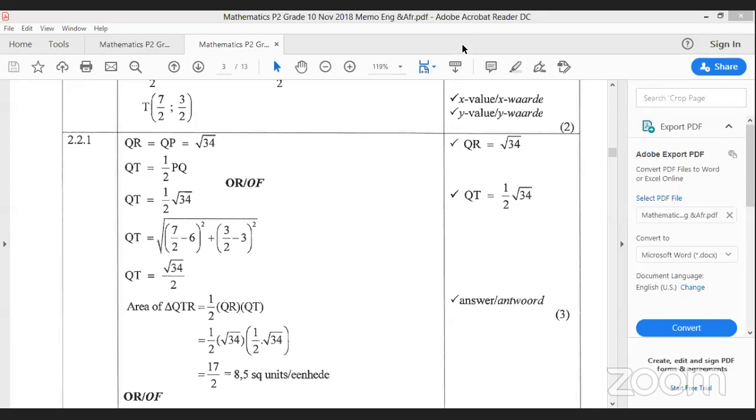But most of the time, you just need to be familiar with your formulas, you just need to know them by heart. I can see Miss P says you must know them by heart, right? Sometimes other formulas are given, others are not given. So the best way is just to know all your formulas and not depend on whether the formulas are going to be given or not, right?